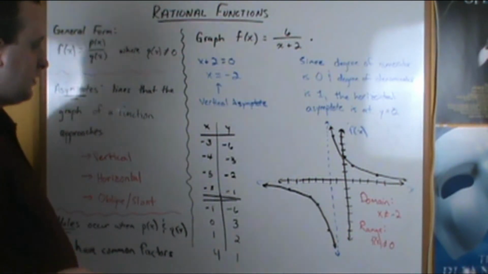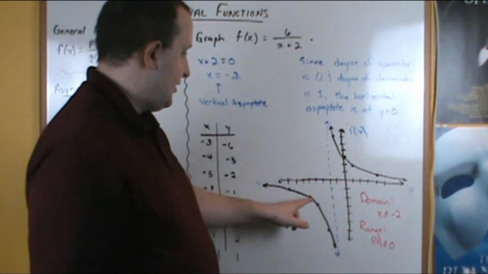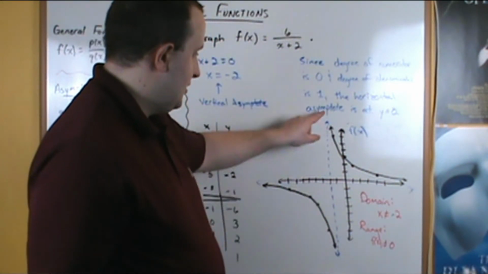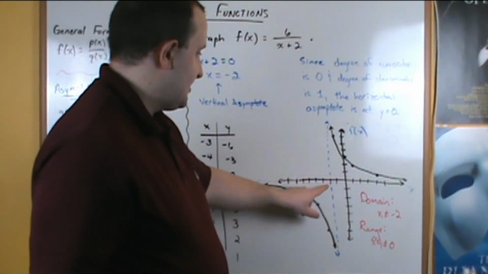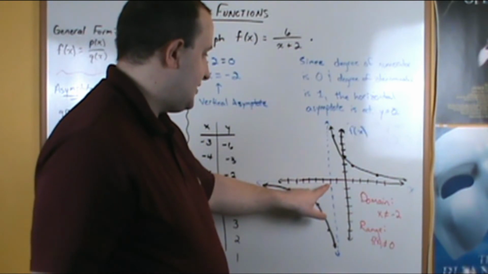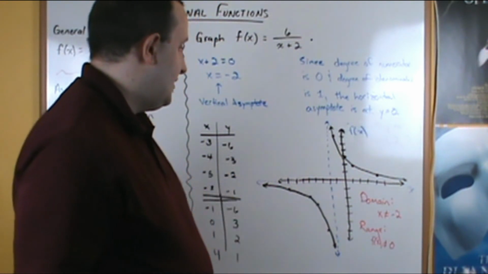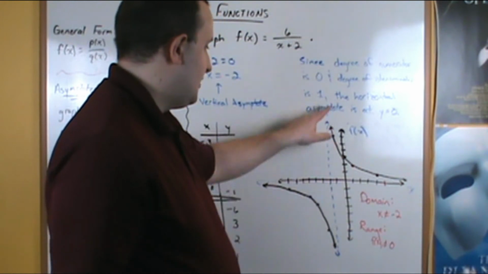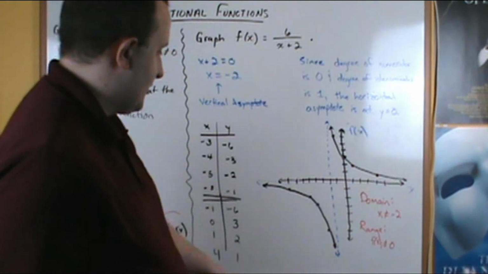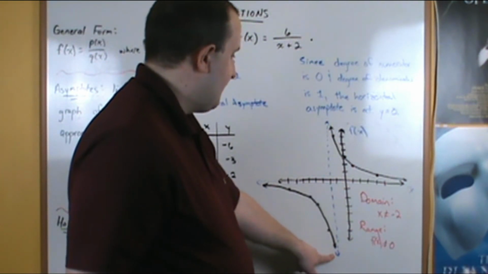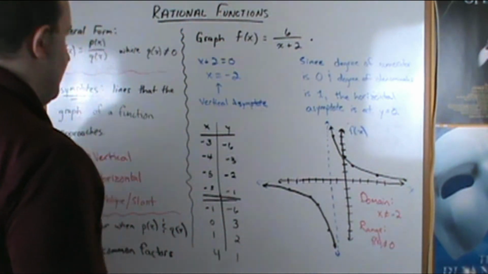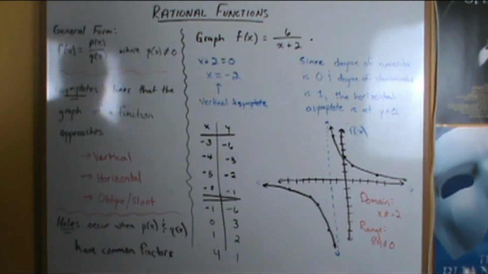If you're in a calculus course, you actually use limits to say that as x gets closer to -2 from the left and the right side, it goes to either -infinity or +infinity. Right? But that's what the graph of that looks like in a nutshell.